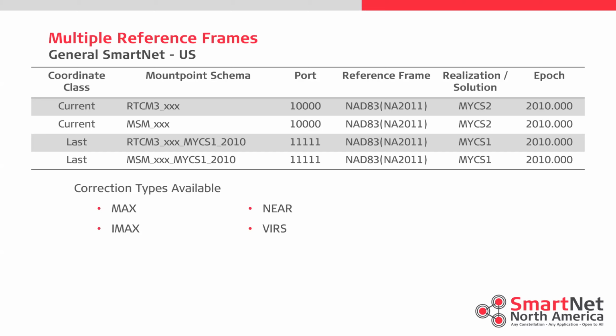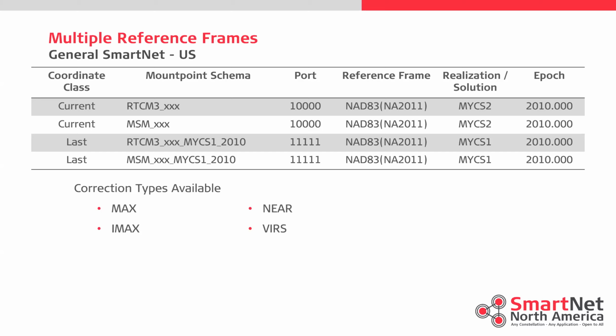So if you're using one of those two mount points right now today, on January 6th, you will go from an NCS1 solution to an NCS2 solution. So we will pull you along if you do not make changes to your mount points. So port 10,000, it'll be on reference frame NAD 83 NA 2011, realization NCS2, epoch 2010.